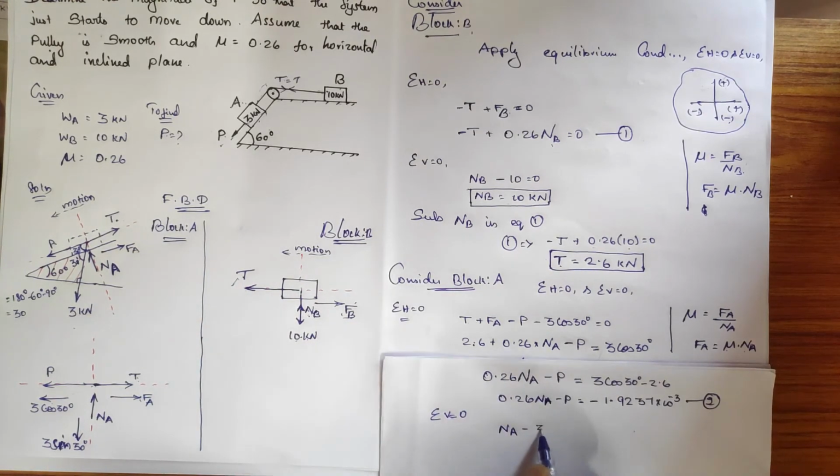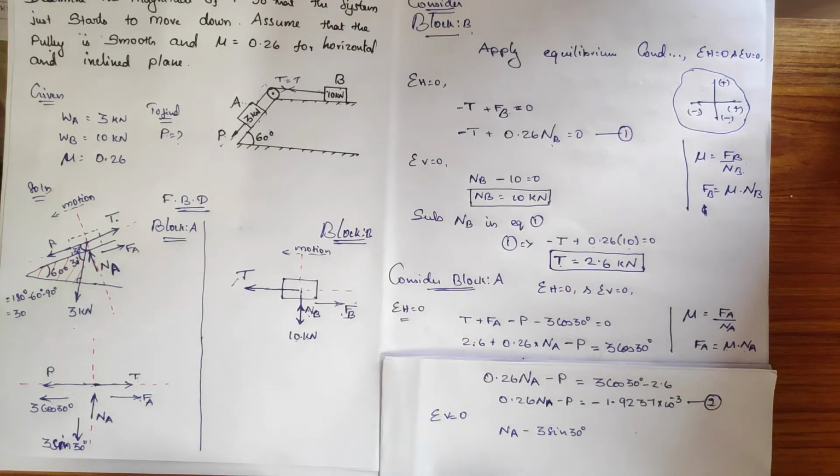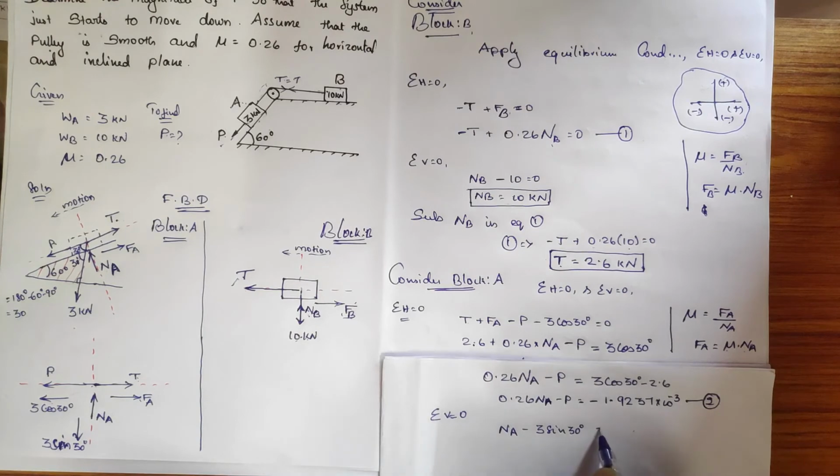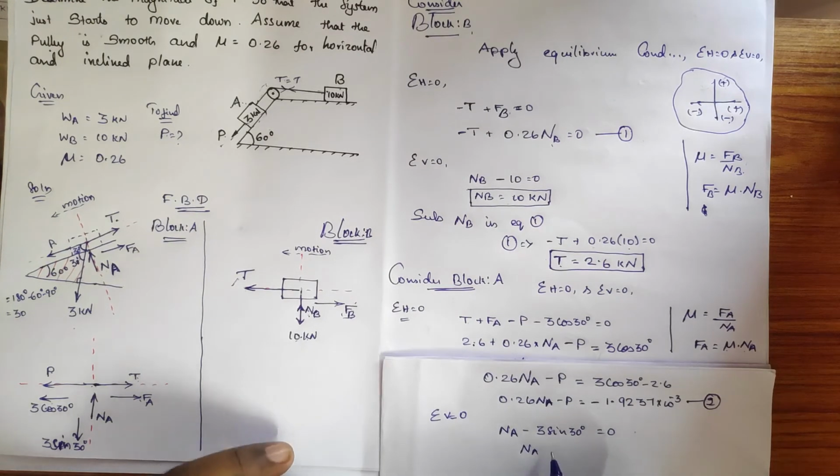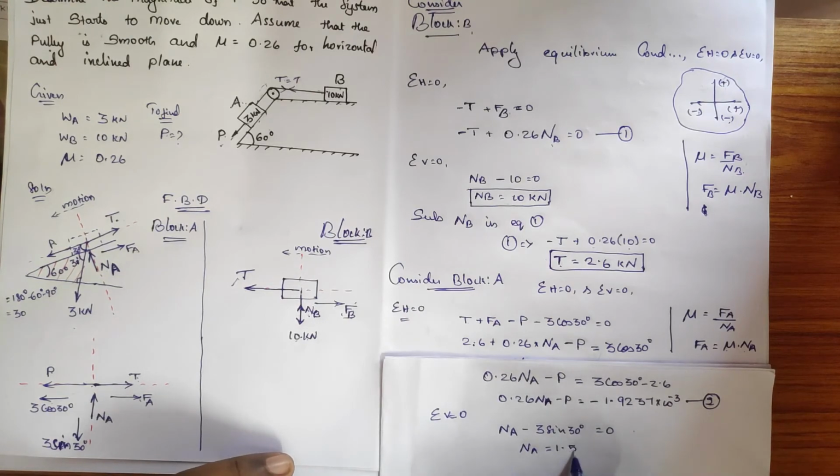Then 3 sine 30 degree is directed downwards, so it carries a minus sign, which is equal to 0. So directly we will get the answer for NA. Take it to the next side, you will get the answer as 1.5 kilonewton when you are simplifying it.